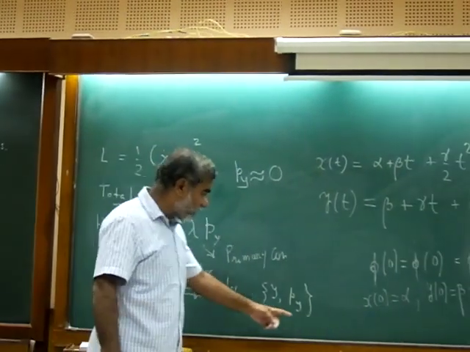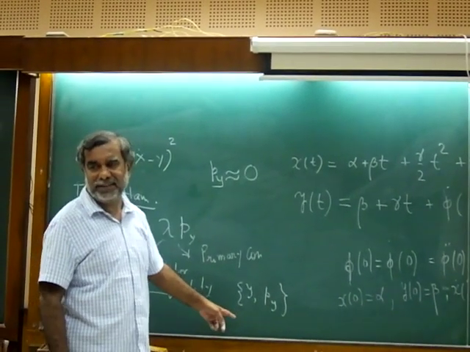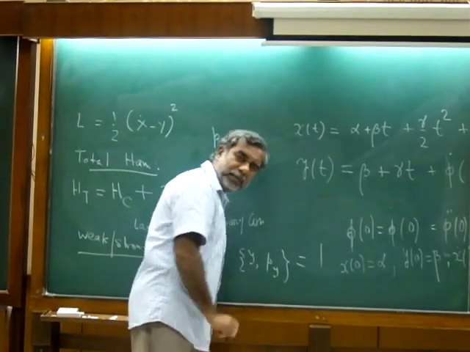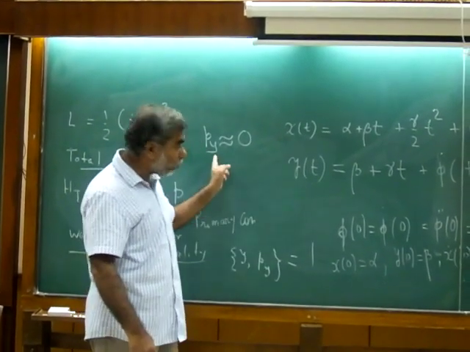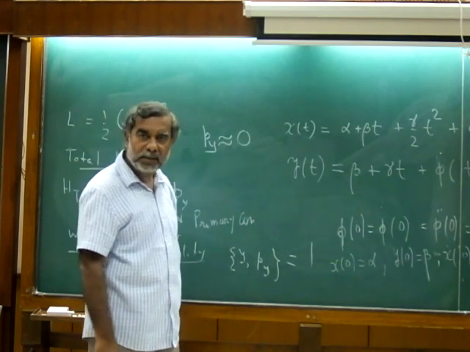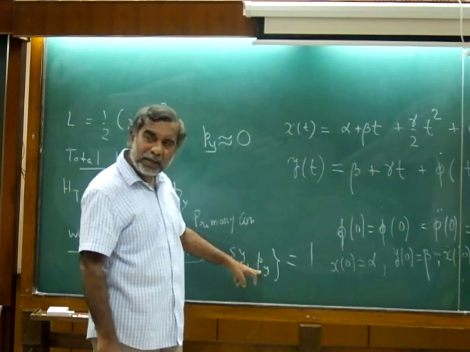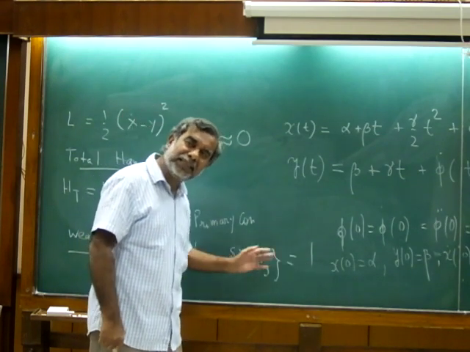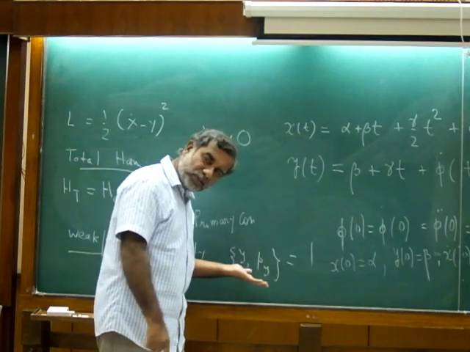Now you see there is no trouble with the Poisson bracket. This is 1, so there is no problem, because this is only a weak equality. All constraints are weakly implemented. You cannot put therefore this equal to 0, right? Therefore this stands. What is written on the board is true.